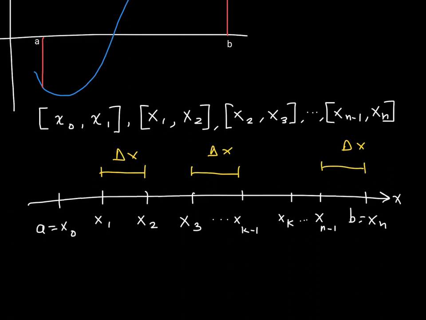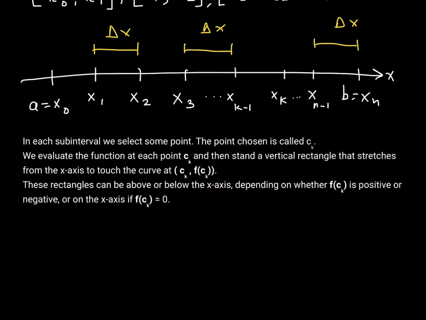And then we already talked about how a midpoint sum would be taking the midpoint of the subinterval. But in either case, let's call c sub k that point from each of the subintervals that you're evaluating your function at, which is giving you the height of your rectangles.